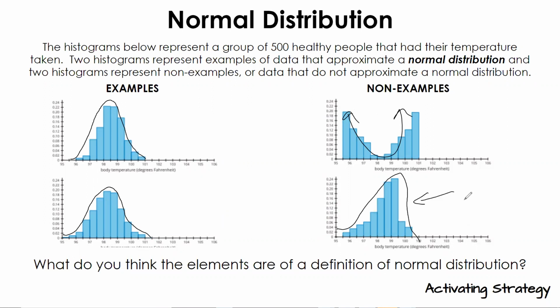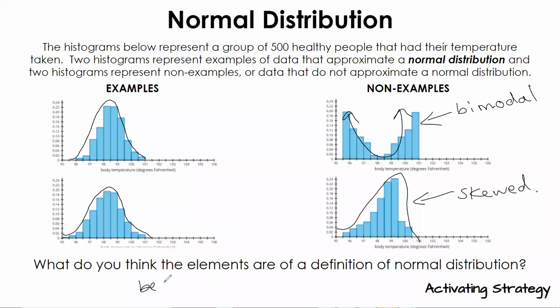So this is going to be what we called skewed. And this one is also going to be called bimodal. You might see that word a little later. So again, this is going to be a bell-shaped curve. And we're going to say symmetrical as well.